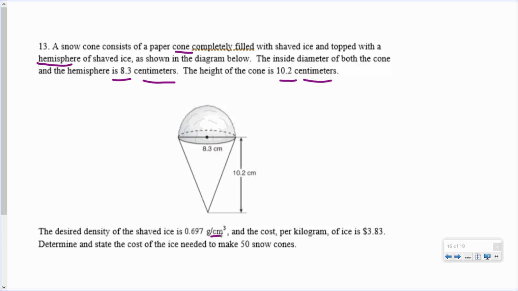So follow my procedure. The first step is to find the volume. So there's a cone, and there's a hemisphere. Go to your reference sheet.